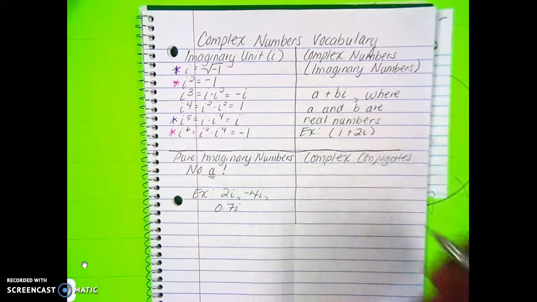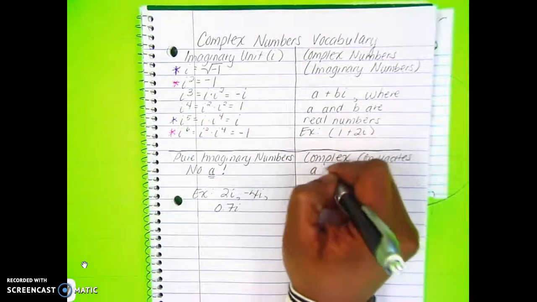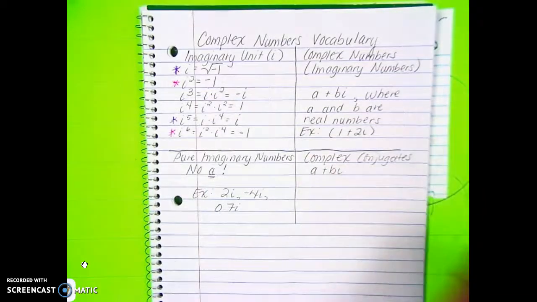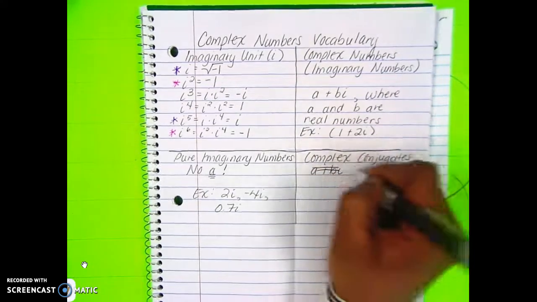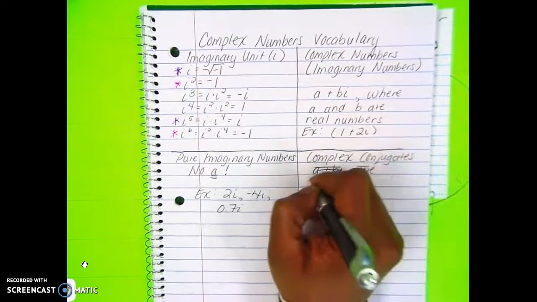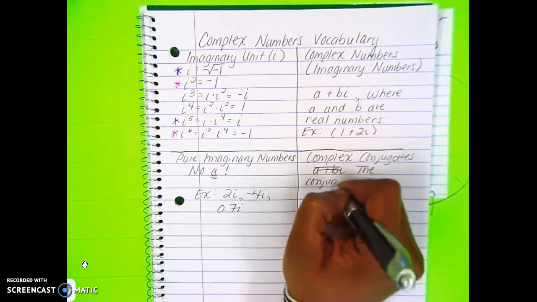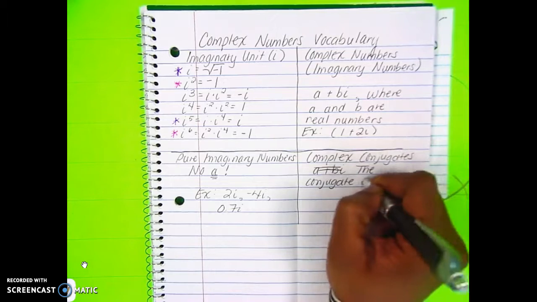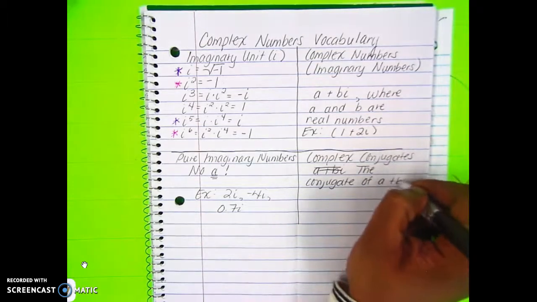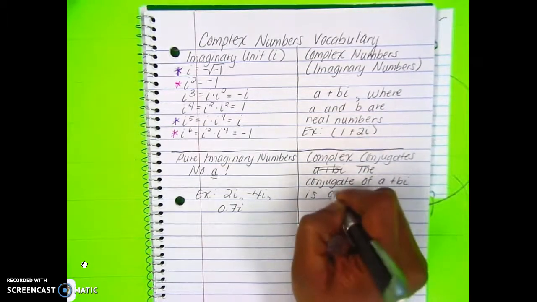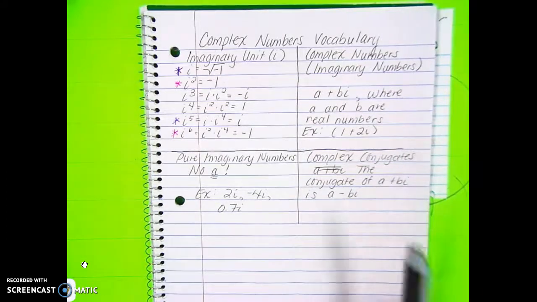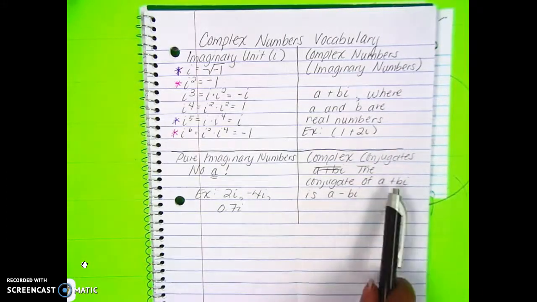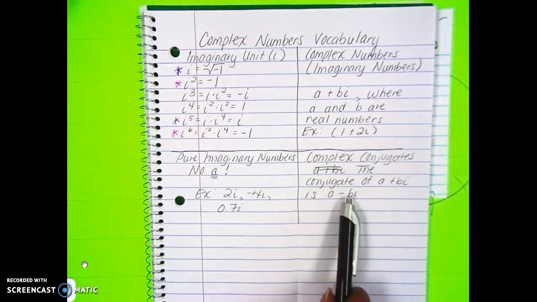The conjugate of a plus bi is a minus bi. Notice that nothing changed but the sign in the middle. The plus sign changed to a minus sign.